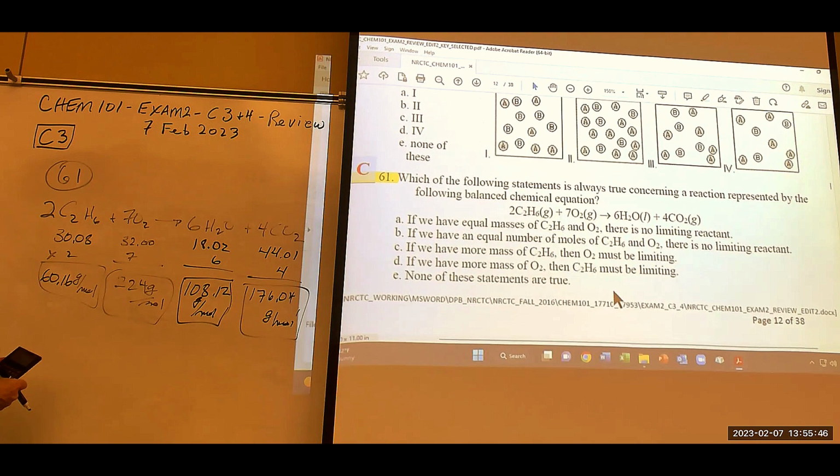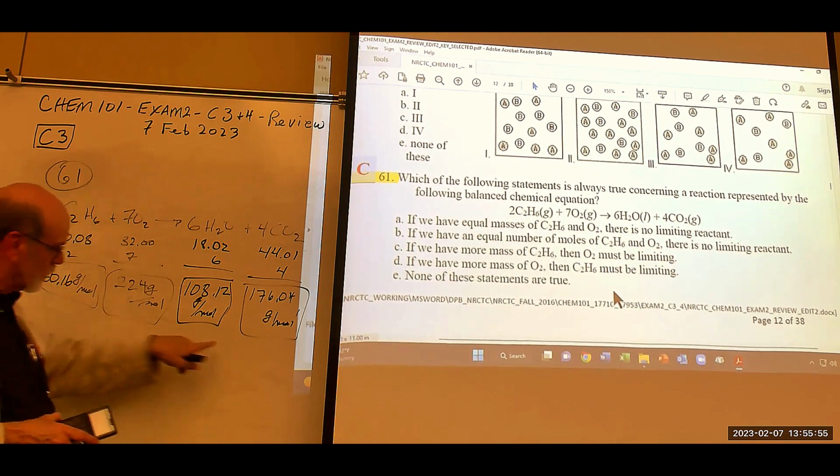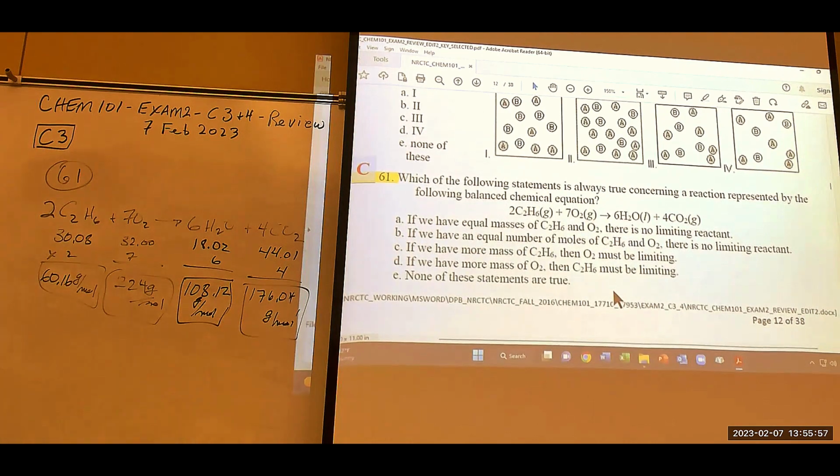And 108.12 plus 176.04. Yeah, that's right. Add these two together, it's exactly equal to these two. So the mass ratios are these values.